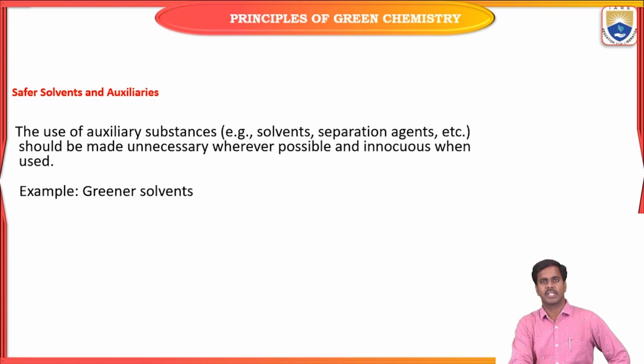And the next one is safer solvents and auxiliaries. What are auxiliaries? These are solvent separation agents. That means if you take a reaction that takes place in the presence of solvents, after completion of the reaction that solvent should be separated from the reaction.